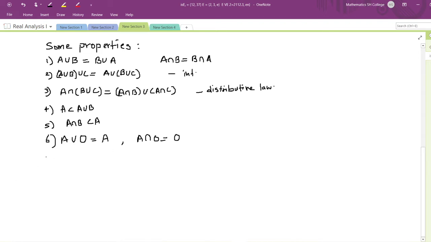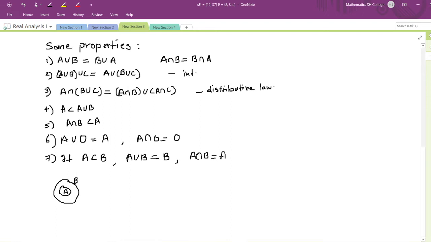Then we have one more property, the seventh one: if A is a subset of B, then what will be A union B? So A is a subset of B, so A union B will be B itself. And A intersection B will be A. So all these are nice properties which you should remember always, and in particular, try to prove the distributive law.